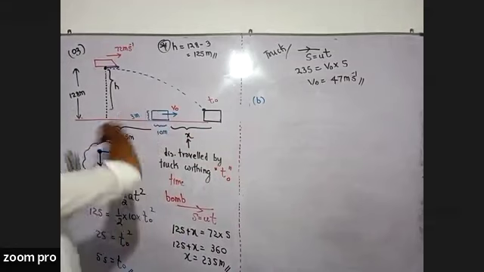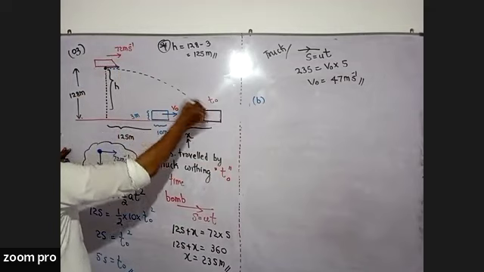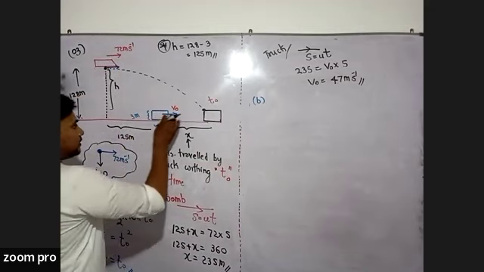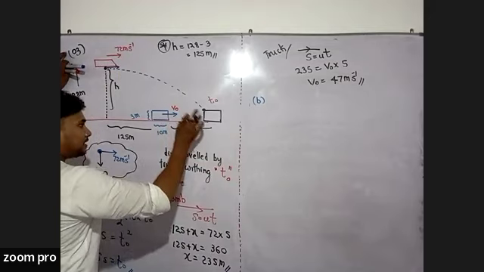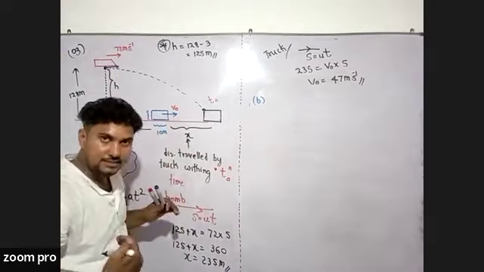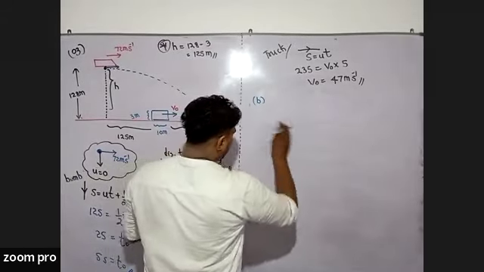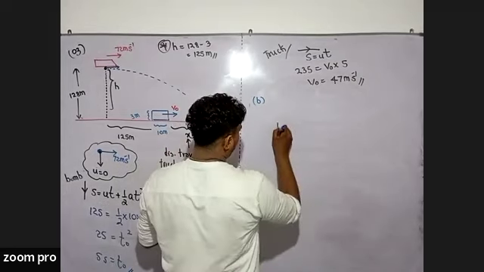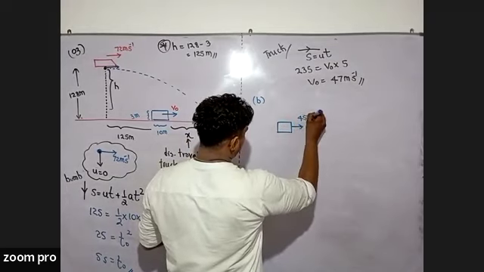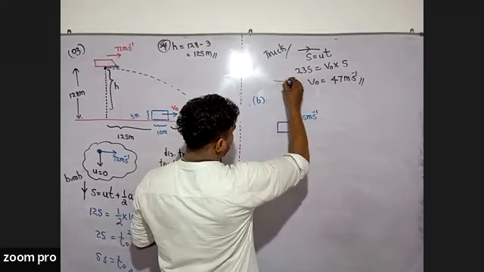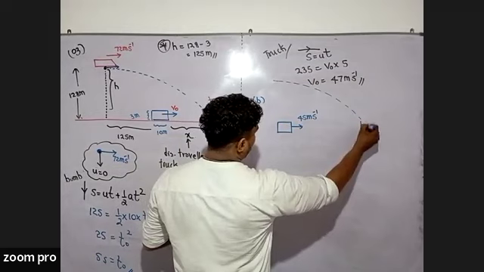Now you know that within this time period, this bomb is moving in this kind of motion, right? This truck is moving with 47 m/s, but the second truck is moving with 45 m/s velocity. So let's assume this is the place where the truck collides with the bomb.